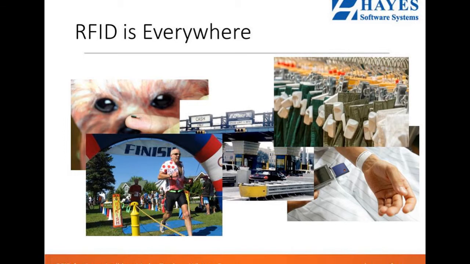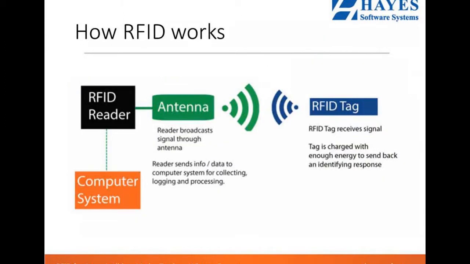We'll also see it in retail sales and product tracking. And have you ever participated in a walk or a run event? That tag on your shoe is RFID, and readers are placed throughout the course to track your time. In K-12, you may be familiar with some other uses that have received controversial feedback as well as positive success for bus route management, student attendance tracking, and even library book automation.